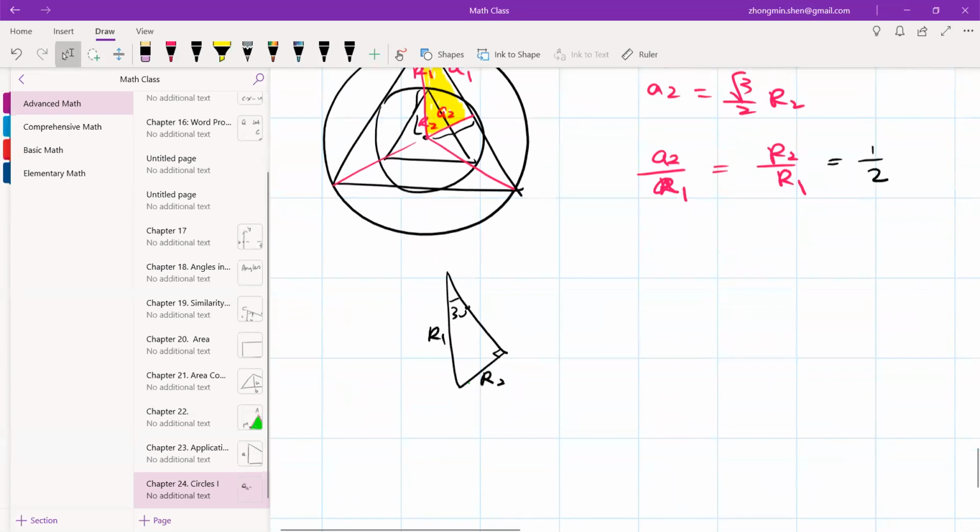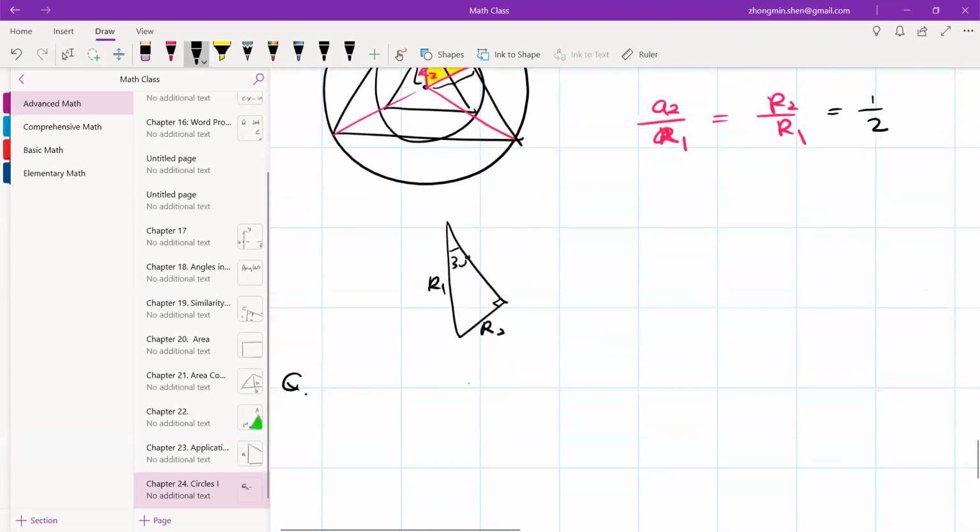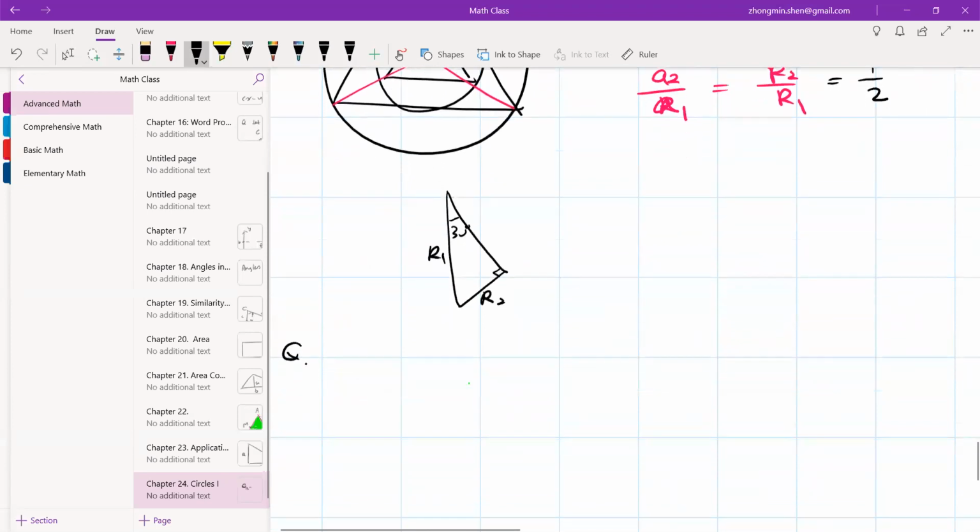Okay, now we're going to do some mechanical problems. I have 3 congruent unit circles. I put them together. Okay, they touch, right?